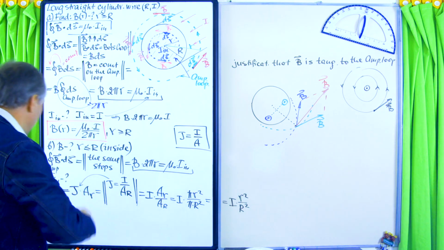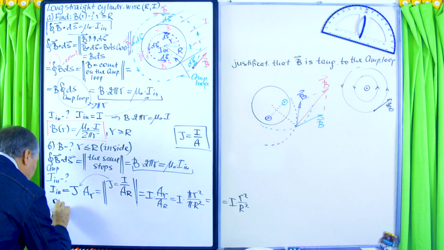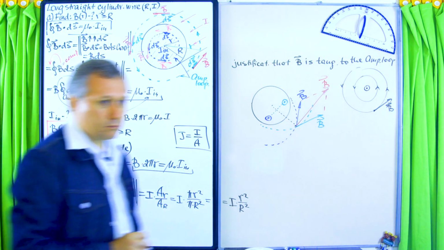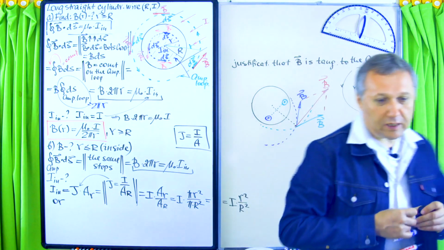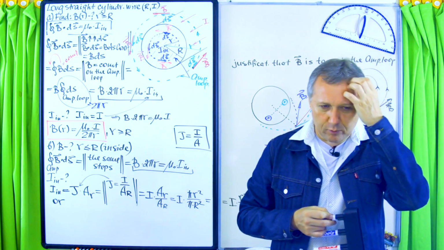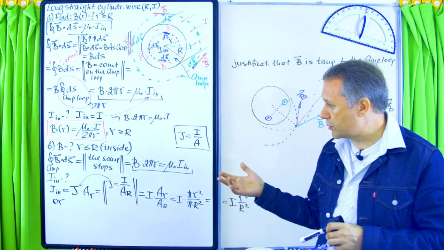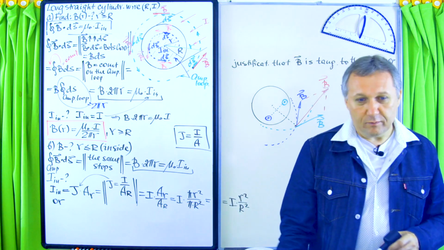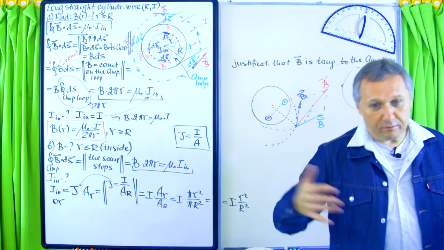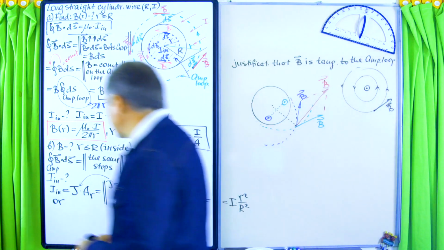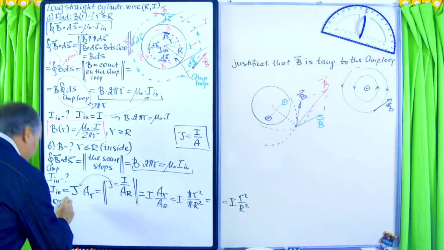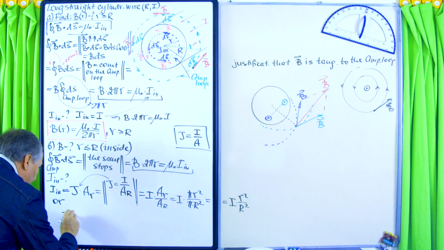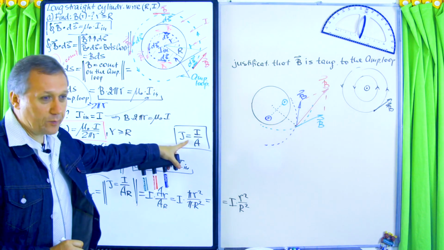Some students find the second approach easier. I remember some students came to my office asking how they can find this I enclosed. When I presented the second method, which is basically like the first one, they found it's much easier. So we can find current density. Okay, here's the formula.